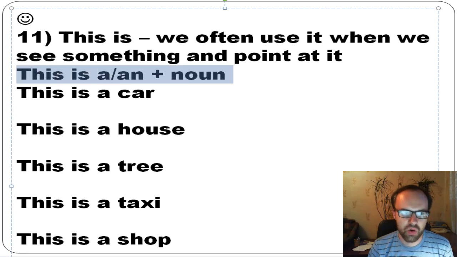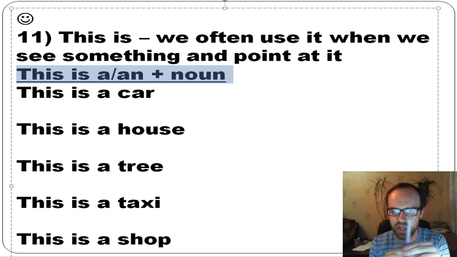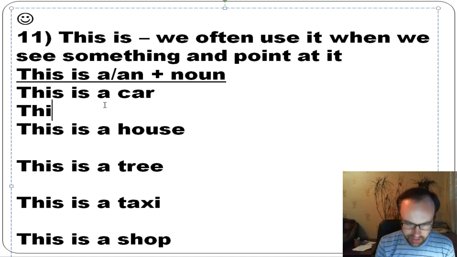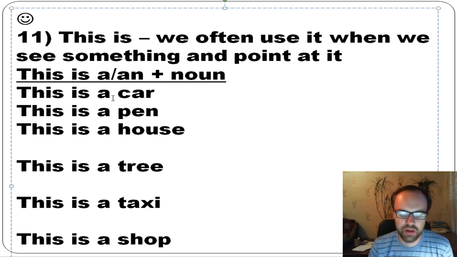So you see a pen, and you can say, this is a pen, or this is a house, this is a tree, this is a taxi, this is a shop. Yeah, don't forget to use a. It's very important. Okay, so this is a computer, this is a house, and so on.